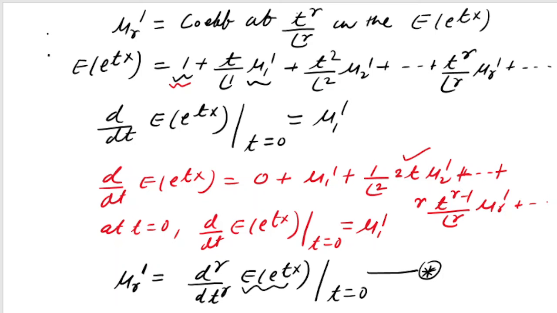It is nothing but the expectation of x to the power r. And how do I get it? We first write the moment generating function, the expectation of e to the power tx, and then we differentiate it r times with respect to the parameter t, and then we put t is equal to 0. What we get is nothing but mu r dash.